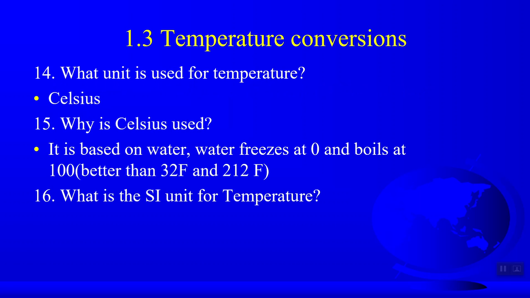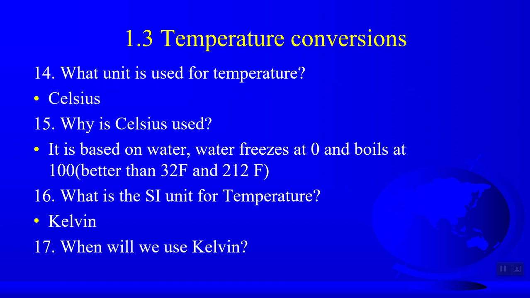Now, what is the official unit of the Système International, the international system? It is Kelvin. And Kelvin is very powerful because you can't have any negative numbers. In Celsius, you can go below 0. You can get colder than the freezing point of water. Antarctica is normally colder than 0.